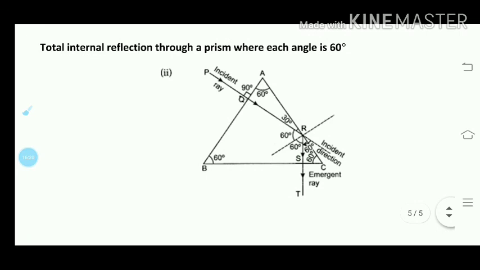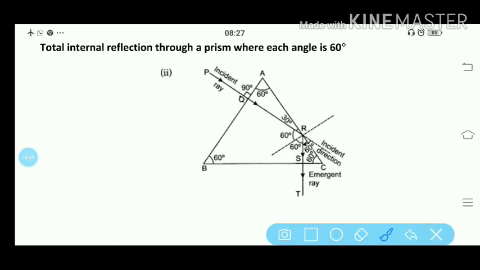Now, moving on to the next topic. Here we will consider total reflection with a prism having each angle 60 degrees, that is, an equilateral prism. That means this angle is 60 degrees, this angle is 60 degrees, and this angle is 60 degrees.